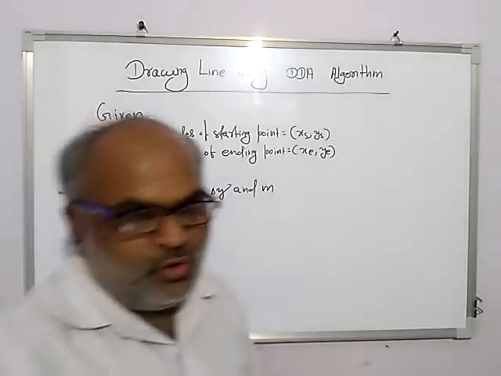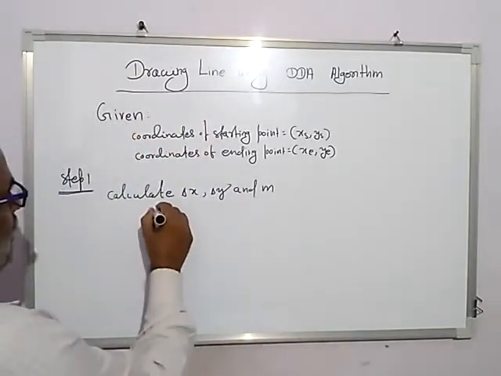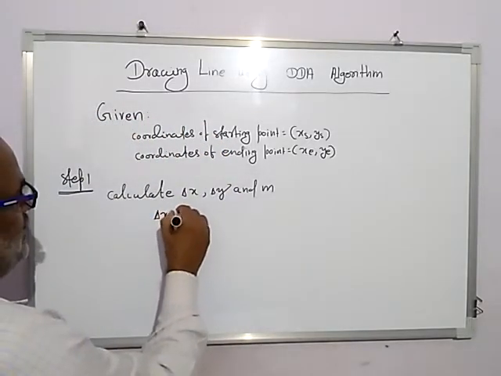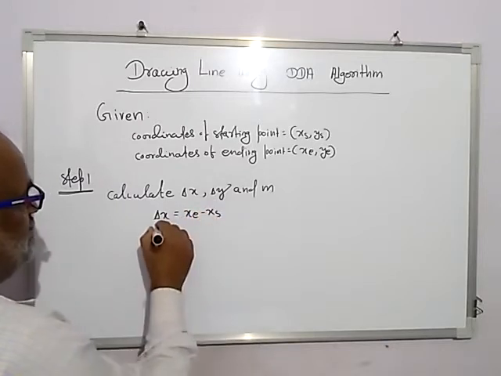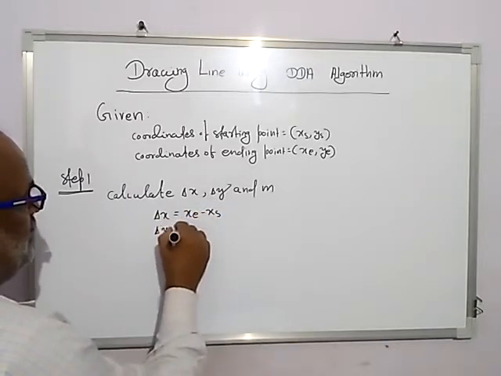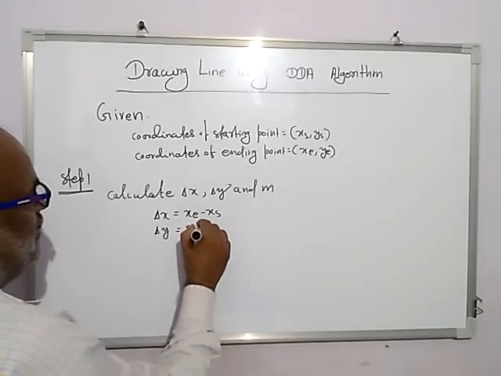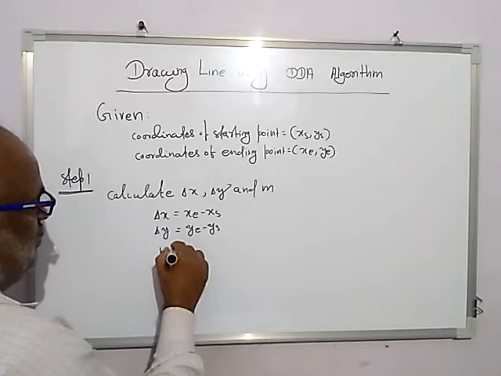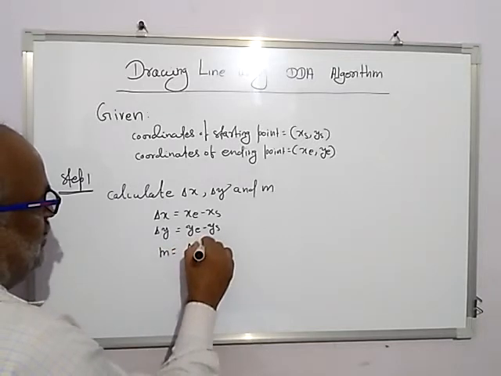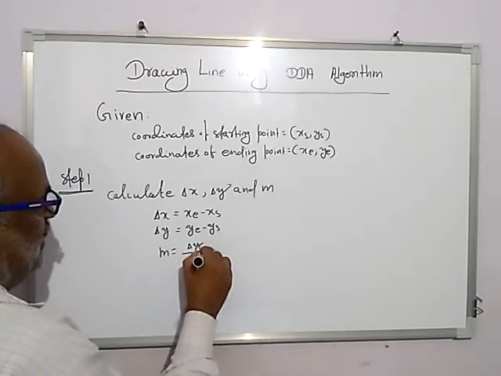M means slope. How to find delta x? Delta x equals xe minus xs, delta y equals ye minus ys, and m equals delta y by delta x.